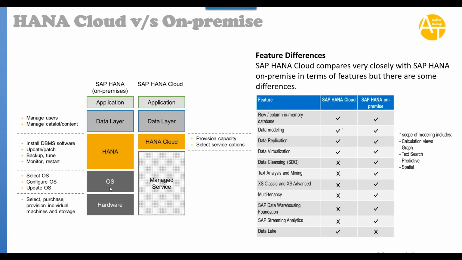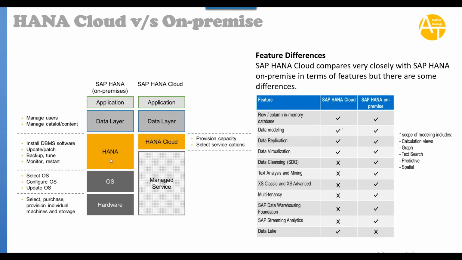Then on top, you need to set up the OS. You need to buy a license for the OS, set it up, configure, update everything, apply upgrades, install antivirus, and install bare minimum software and dependencies. As a customer, you need to take care of everything. Then on top, you will buy a HANA license.